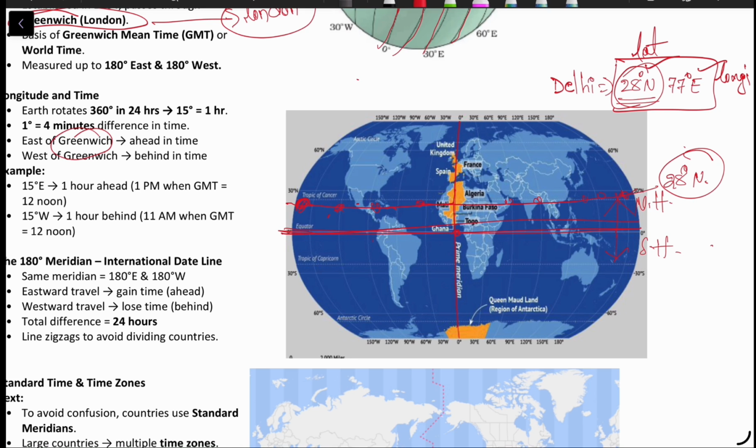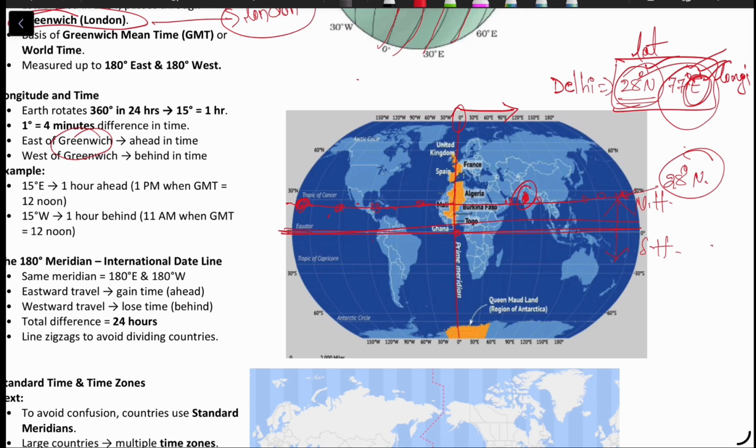And now after the latitude we are finding the longitude, which is 77 degrees east. Here we have to observe the direction, east. So from the 0 degrees meridian, the prime meridian, we have to travel east up to 77 degrees, which will be here.